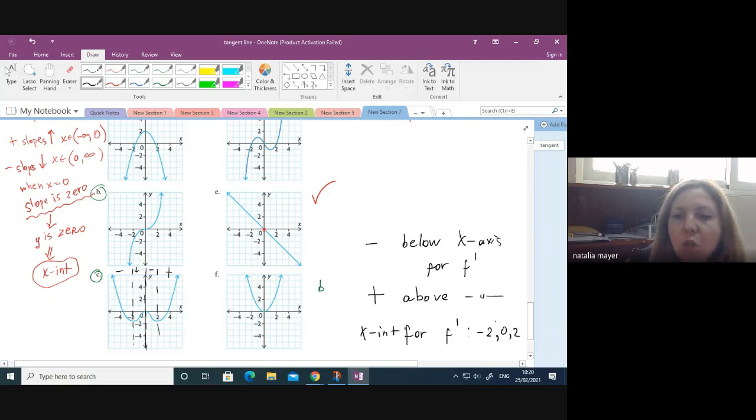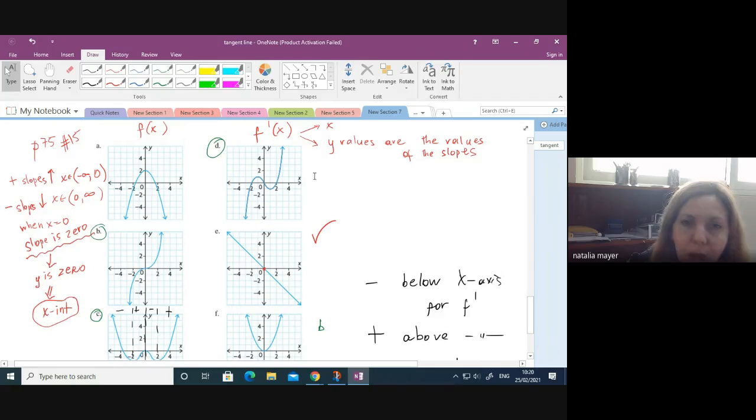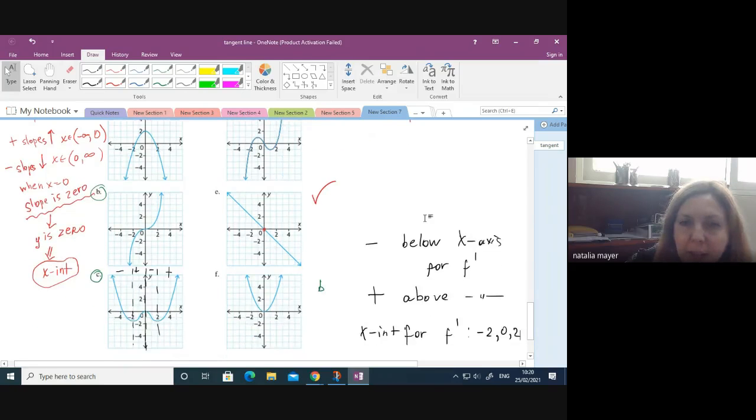So given all of this, let's go back to the derivative function and make sure that this is true. So check the x-intercepts. Do you see that they are -2, 0, and 2, just as we said, right? And then negative slope, so below x-axis until -2, yes.